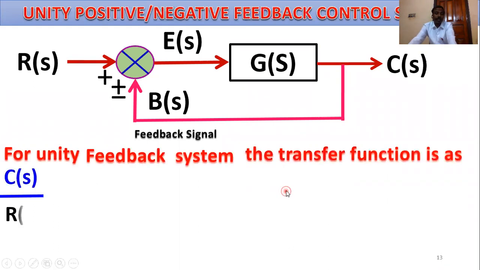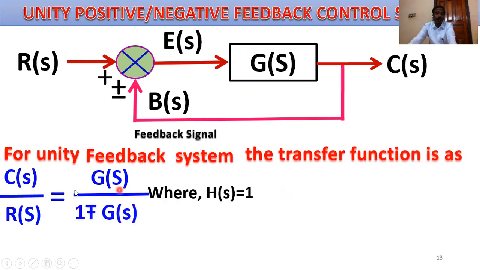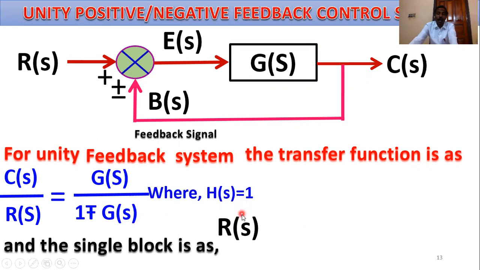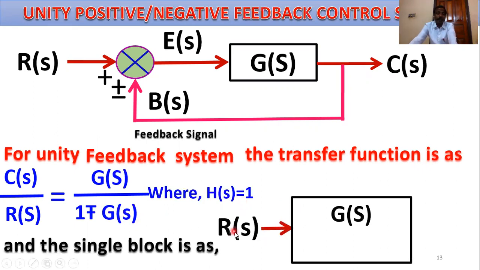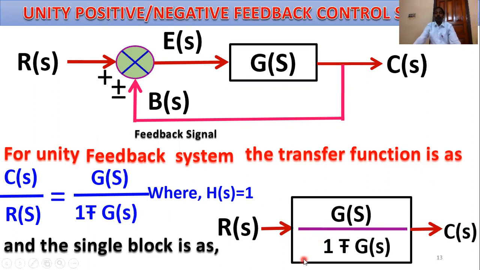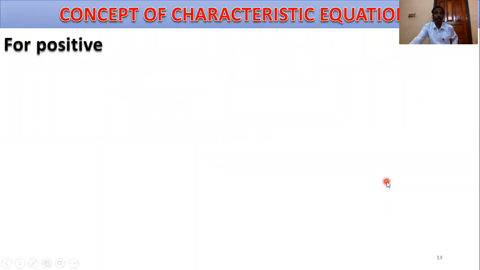In this case, C(s)/R(s) equals G(s) by 1 minus or plus G(s), since H(s) equals 1. In the block diagram, R(s) is the reference input, the block is G(s) by 1 minus or plus G(s), and the controlled output is C(s). This is the block diagram of the unity positive or negative feedback control systems.